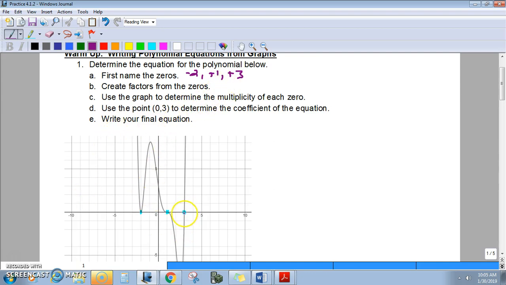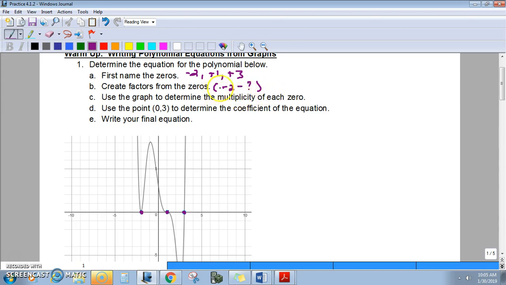All right, create factors from the zeros. The zeros are the value that the x is. In order to create the factors from them, we need to make it 0. So our factors would be x minus, this is the x, so -2 minus what would be 0?